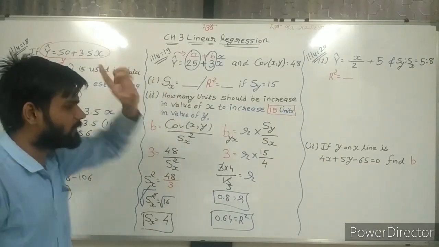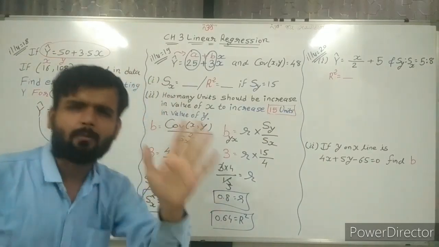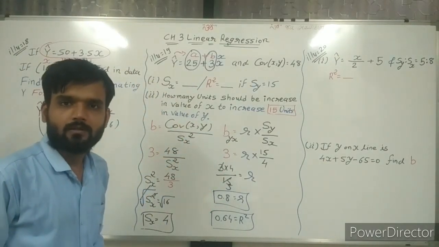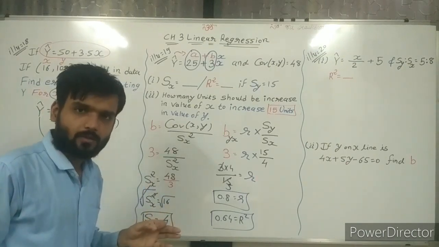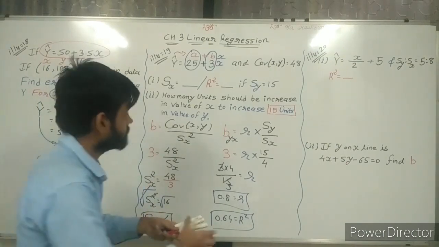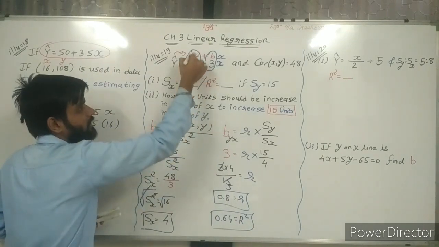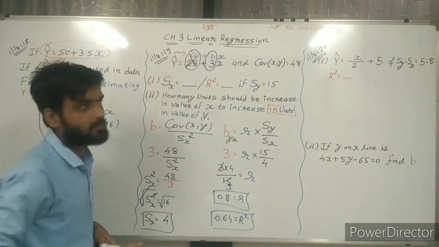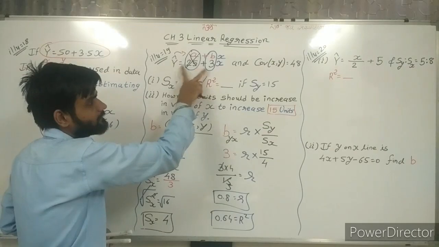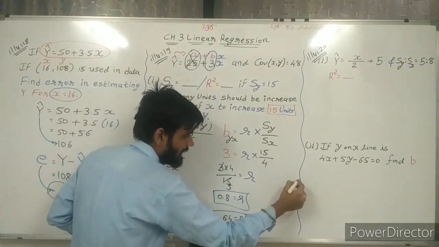Whenever this type of question is asked, don't worry about it. We are comparing. What are we comparing? Here, don't consider this 25 and take these two things, and I am writing that here.